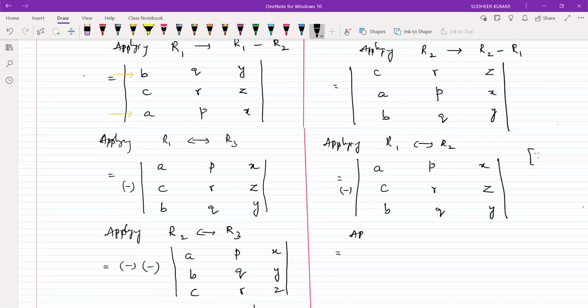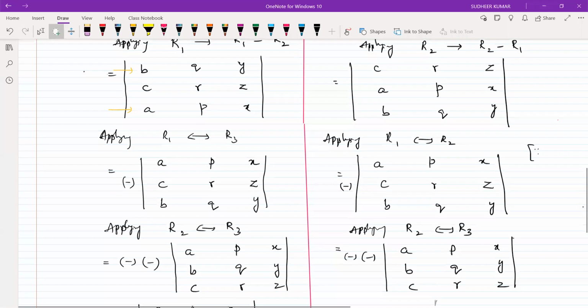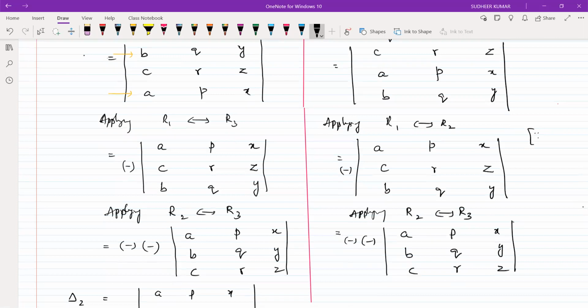Again we have to use this one. Applying which can be interchanged now. R2 to R3. Then this is minus of minus again. The determinant value is A, P, X, next B, Q, Y, next C, R, Z. So the answer is, what do we get?